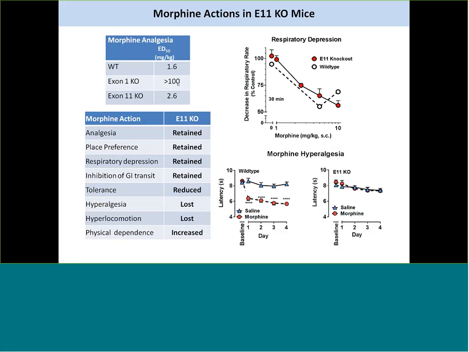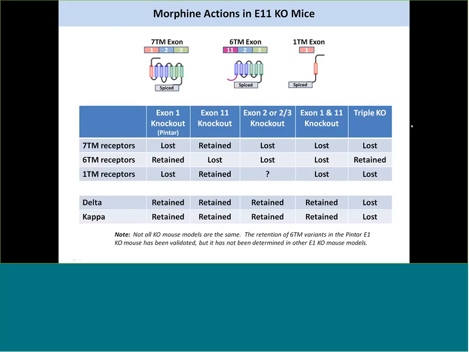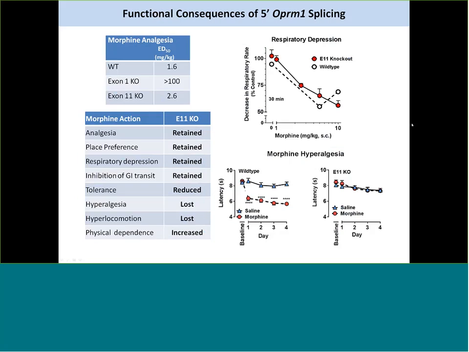However, in the exon 11 knockout mouse, morphine retains full activity, and the potency is minimally changed, suggesting that the exon 11 variants are not important whatsoever for morphine actions, whereas the 7TMs are. Respiratory depression, as you can see in the exon 11 knockout, was unaffected, indicating that respiratory depression is mediated through the 7 transmembrane domain variants, the traditional ones.